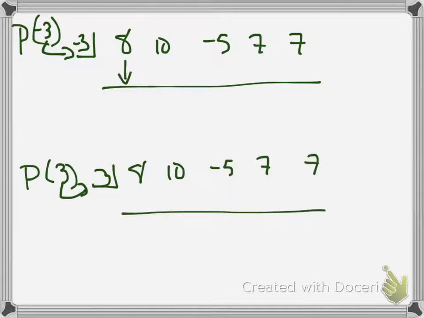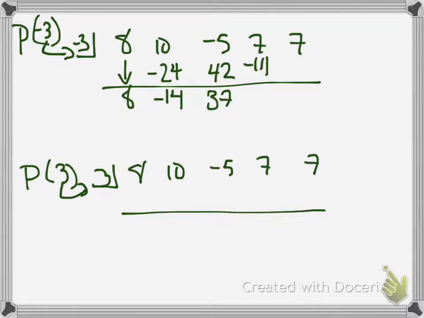Okay, so here 8, negative 24, negative 14, negative 14 times a negative 3 should be positive 42. Minus 5 would give me 37. Times a negative 3 would give me negative 111.